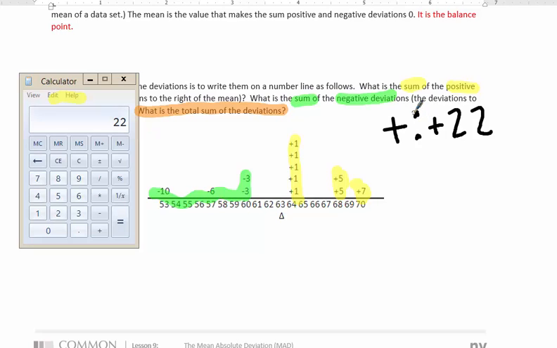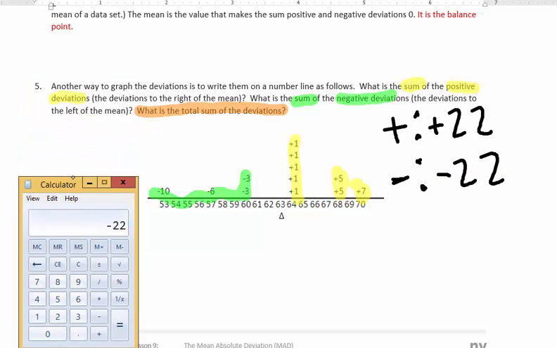Now I'm going to do the same thing but with my negatives. So here I have a negative 10. So I put that negative sign on my calculator. Then I'm taking away 6, taking away 3, taking away another 3. And look at that. My negative deviations equal a negative 22. So what is the sum of my deviations?